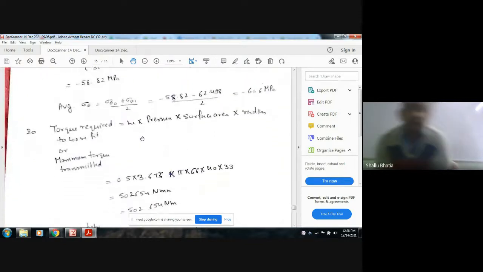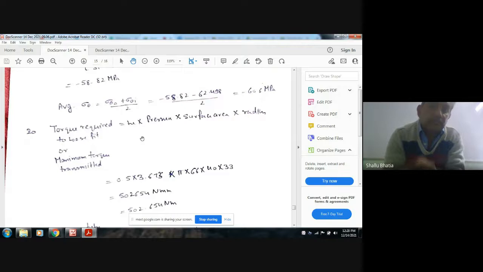Now the last one, the torque that can be transmitted. The torque required is the same as the torque required to overcome the grip between shaft and hub. Now the grip will be loosened by the applied torque only, as there is friction between hub and shaft as they are connected like this.